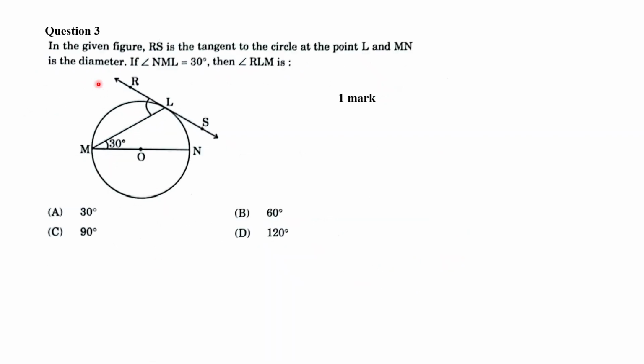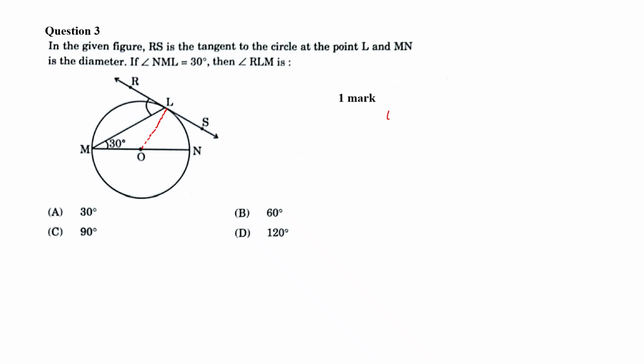Question number 3. In the given figure, RS is the tangent to a circle at the point L. MN is the diameter of the circle. If angle NML is 30 degree, then you have to find the measure of RLM. For this, I will do one small construction. I am going to join O to L. OL is also a radius, OM is also a radius.